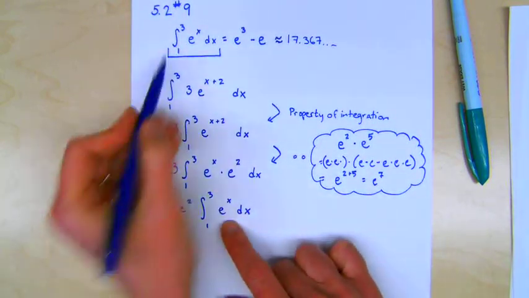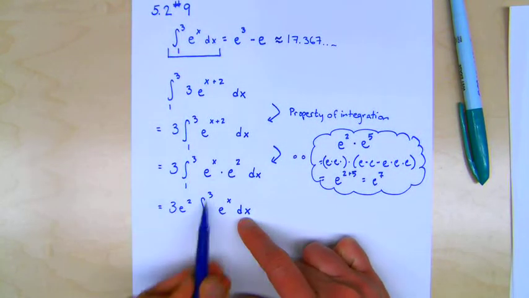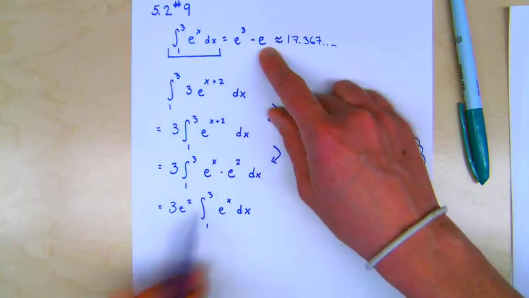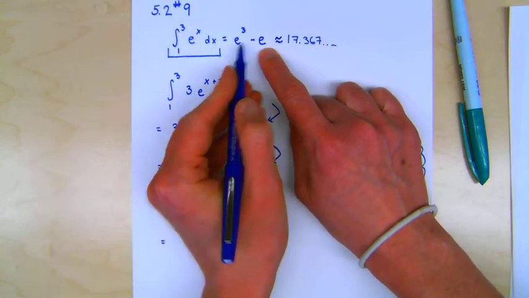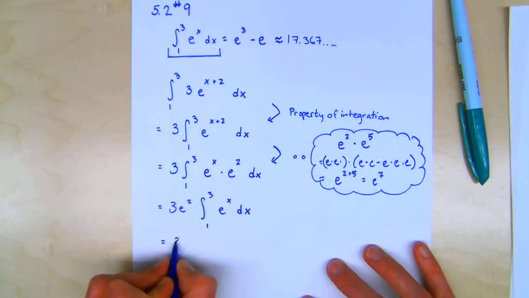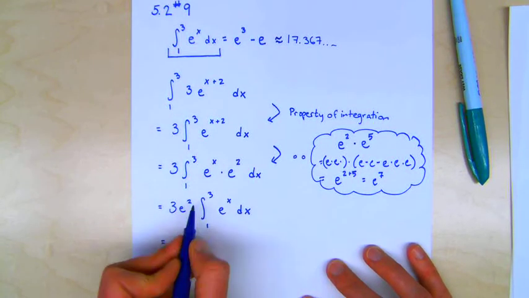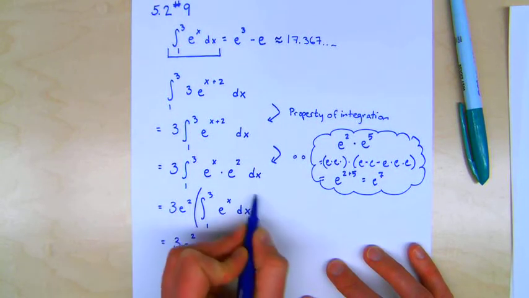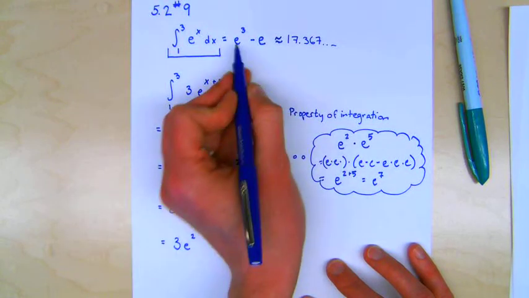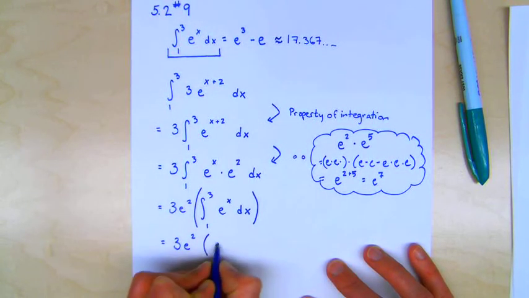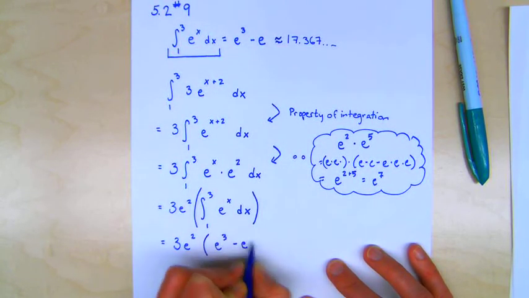Now we're home free because we know that this integral is exactly equal to e cubed minus e. So I'm going to do a substitution, and I'm going to leave my constants out front, and replace this integral expression with what I was told it was equal to, which is e cubed minus e.